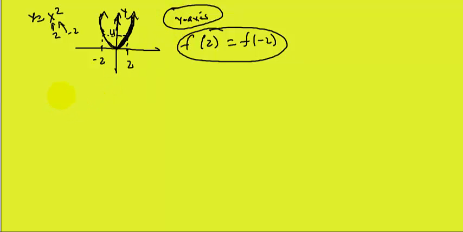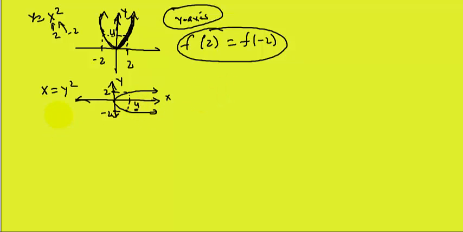Now let's look at x is equal to y squared. That's the other parabola, which goes sideways. When you have something like this, we know it's symmetric to the x-axis. But how do I check for that? If I replace the y with 2 and with -2, my x value turns out to be 4, the same thing.